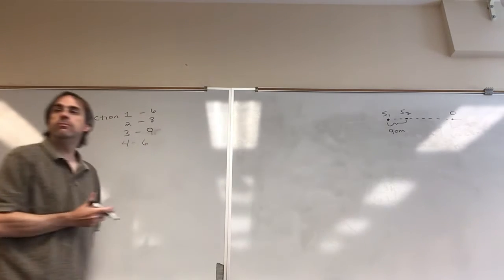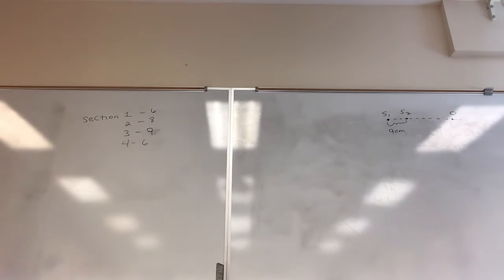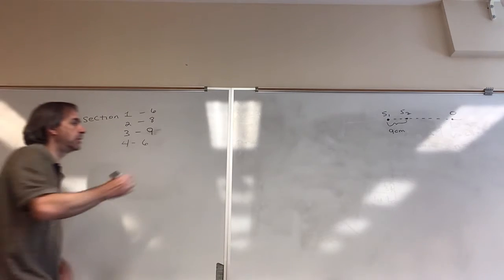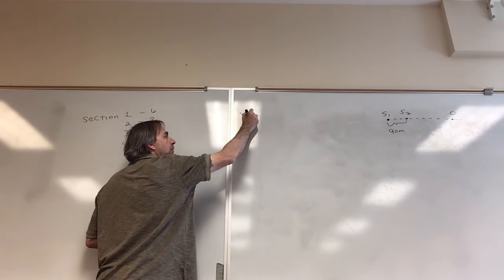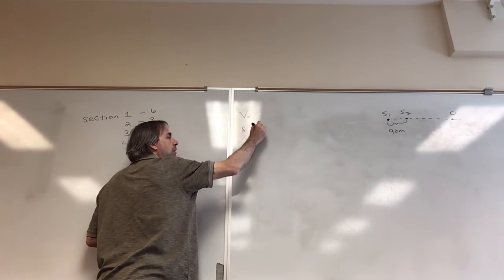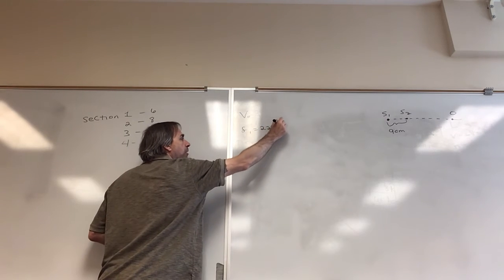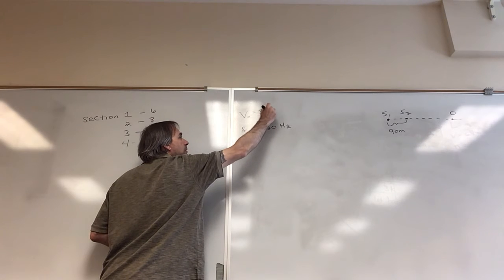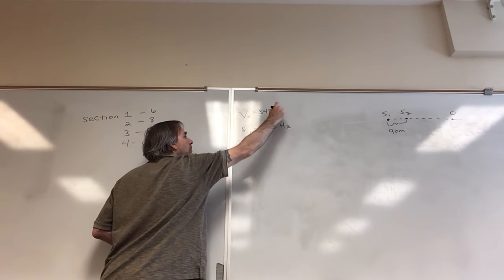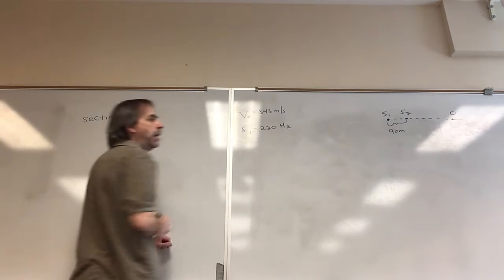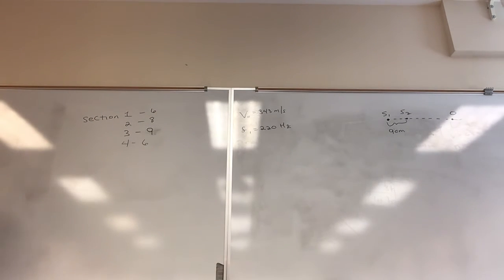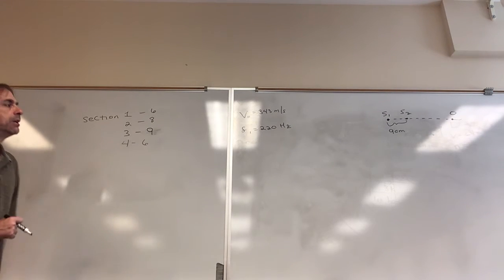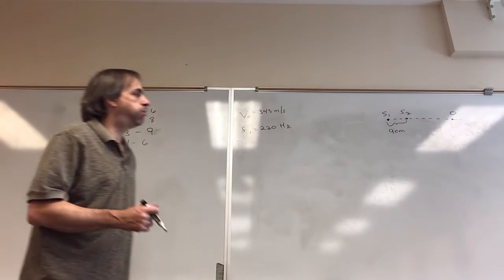So these two sources of sound are producing identical tones. Let's say the frequency is 220 hertz. We use our standard speed of sound as well. And let's find out how far from, say, S2, that would be easiest, we should place the observer.